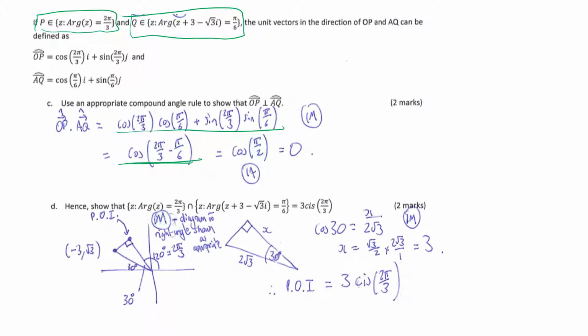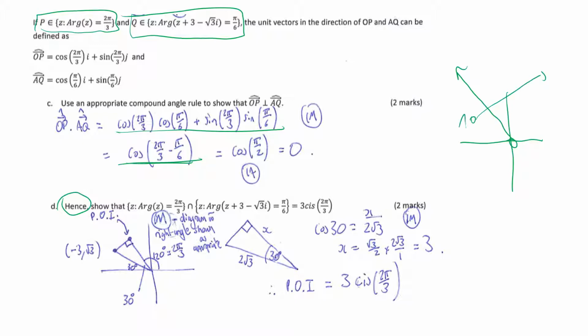Hence show. I don't think many of you at all got this correct. So using the fact, let's just go back to our Cartesian plane or our complex plane. So here's O, okay, that's our first ray. Here's our second ray.